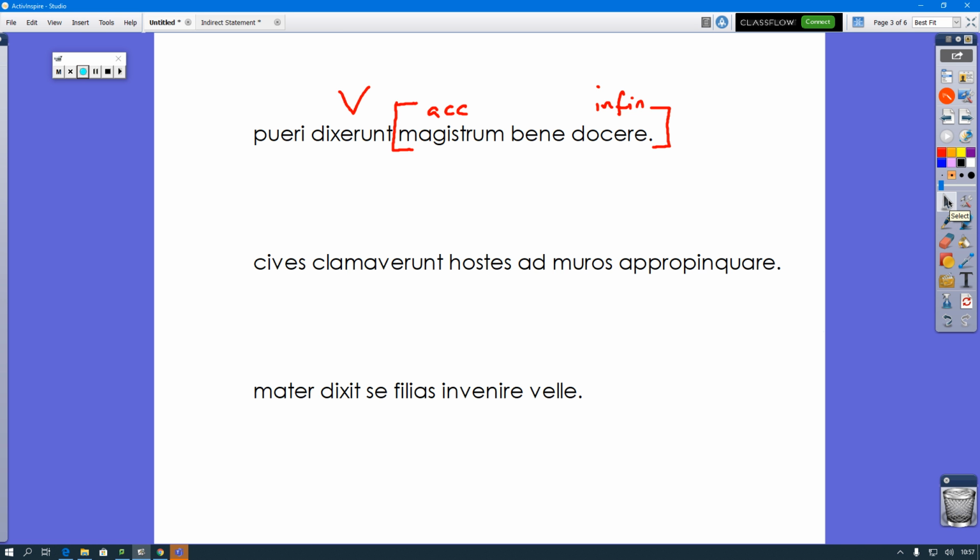The boys said, and I translate that first of all. So I put in a that. It's not there in the Latin, but it's good to say it in English. The boys said that. Then I say the accusative, the master. Then I say the infinitive. But I don't keep it as an infinitive, I turn it into a main verb.